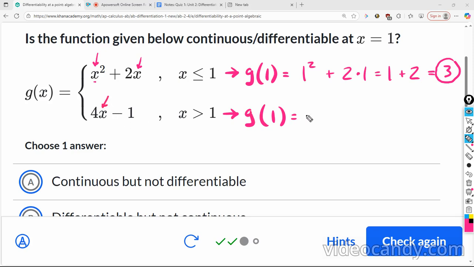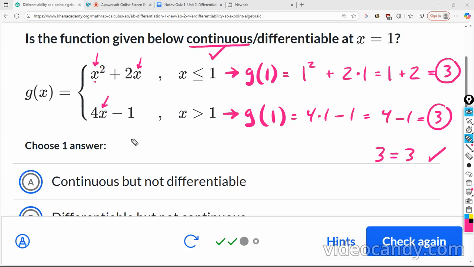It's going to be 4 times 1 minus 1. 4 times 1 is 4, minus 1, and that one is also 3. So since 3 equals 3, the function is continuous.